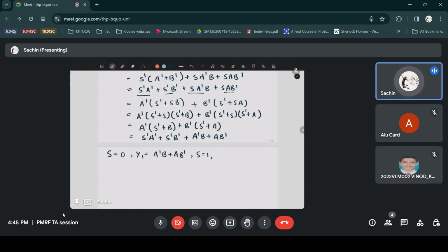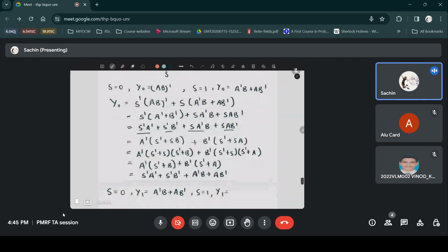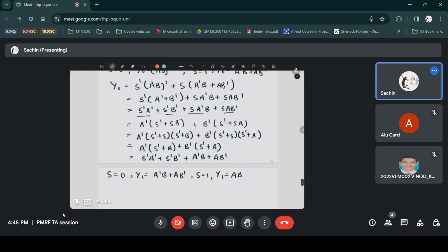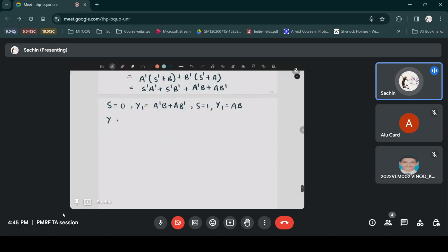S is equal to 1, Y1 is AB. So you can write Y1 as S complement into A complement B plus AB complement plus SAB, which is nothing but S complement.